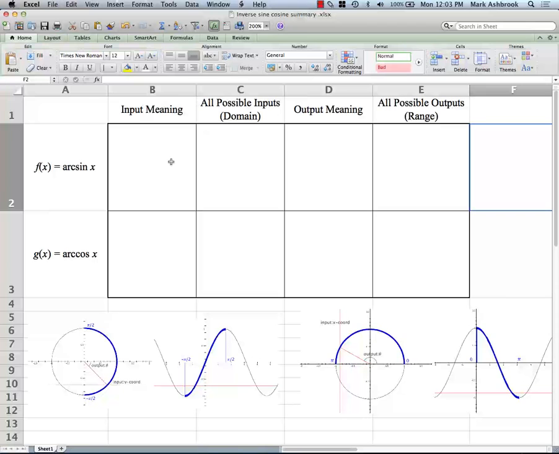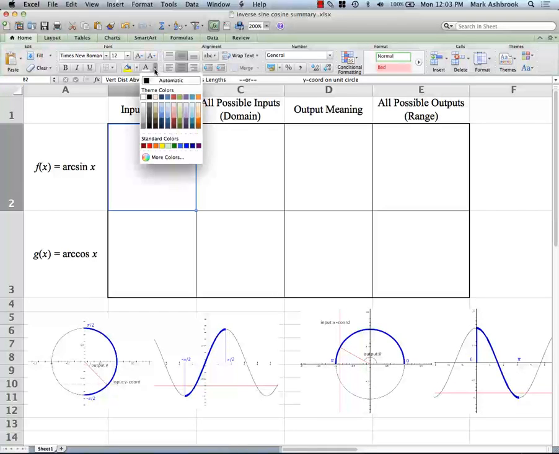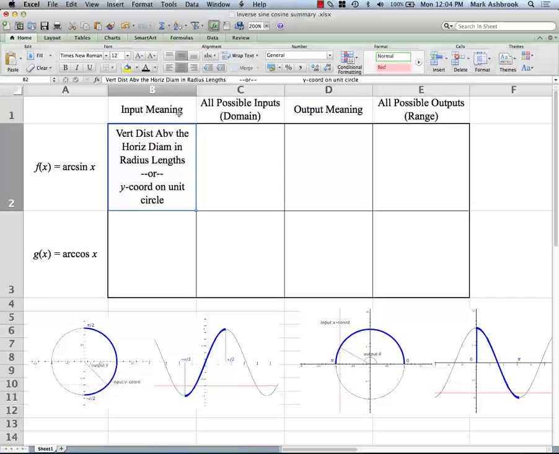Taylor. The vertical distance above the horizontal plane. Okay, in what unit? Radius lengths. Okay? It's vertical distance, right? Because the output of sine is vertical distance from the x-axis, or the horizontal diameter. That's also the y-coordinate on the unit circle, or the y-coordinate in radius lengths.